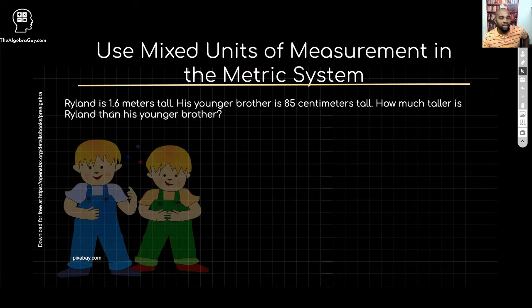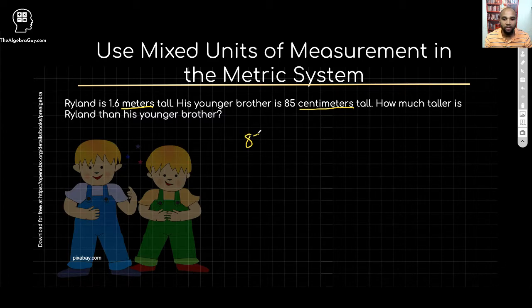All right, Rylan is 1.6 meters tall. His younger brother is 85 centimeters tall. How much taller is Rylan than his younger brother? So we need to put them in the same units first, because Rylan's been measured in meters and his brother's in centimeters. Either one would have been fine, but I'm going to change this to meters.